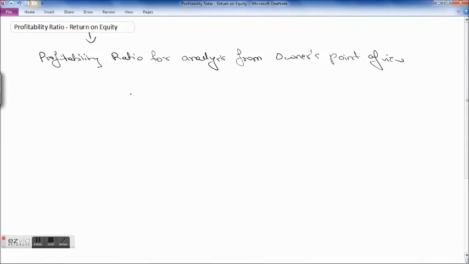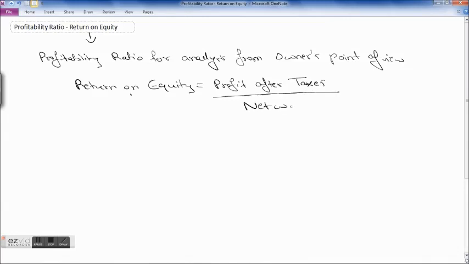Okay, so return on equity is equal to your profit after taxes divided by your net worth. Okay, so profit after taxes but before distribution divided by your net worth.